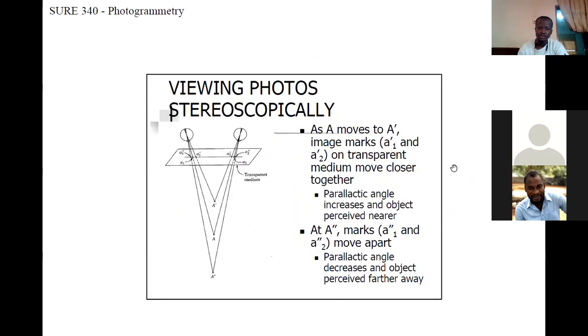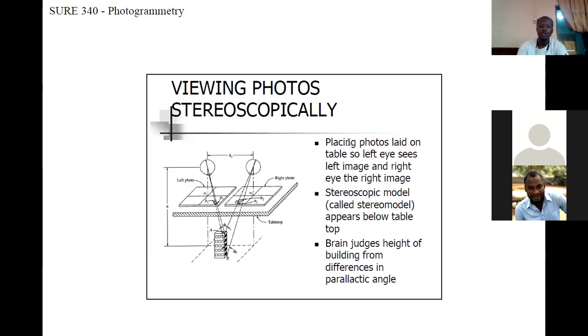All right. So that is how it works. When you look at objects stereoscopically, then the angles are subtended. So you can see that at point A prime, we are now having different angles being subtended. So there you go.